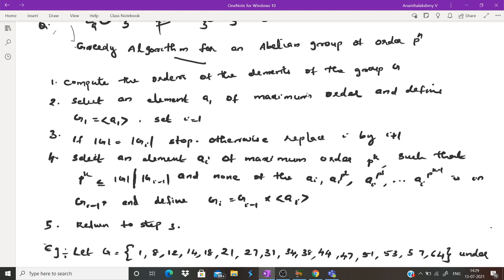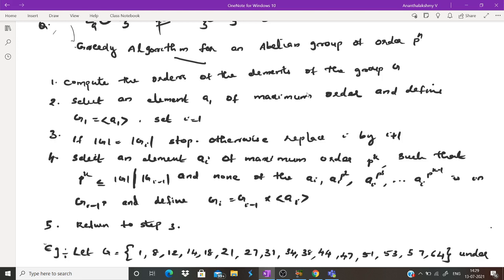If the order of Ai is p raised to k, then up to Ai p raised to k minus 1 does not belong to Gi minus 1. In that way you have to choose Ai and you define Gi to be Gi minus 1 internal direct product the cyclic group generated by Ai. Then return to step 3.